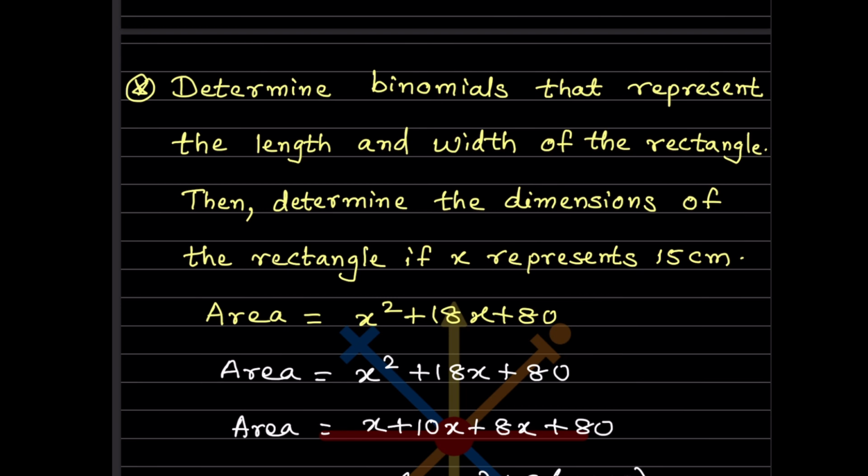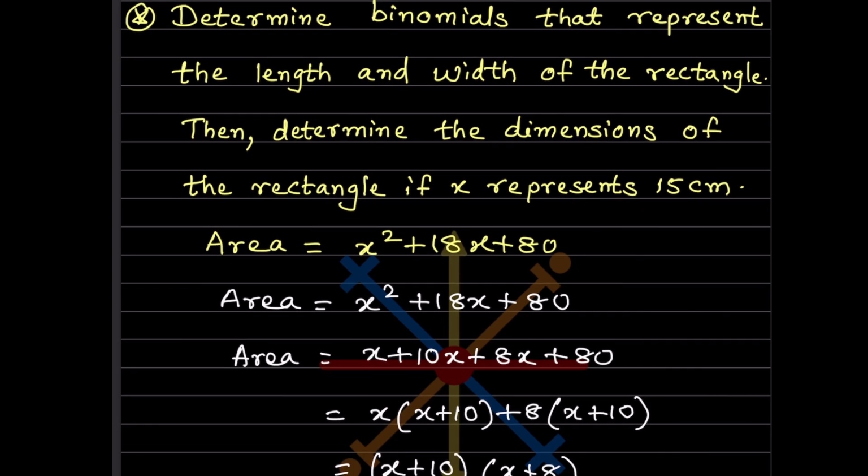So what we have to do, we have to find out the length and width. So now look here, first we are going to factorize it. Whatever the question is, I have written the same over here. So now you know how to handle the quadratic expression. There are 3 terms: this is the first term, this is the middle term, and this is the last term.